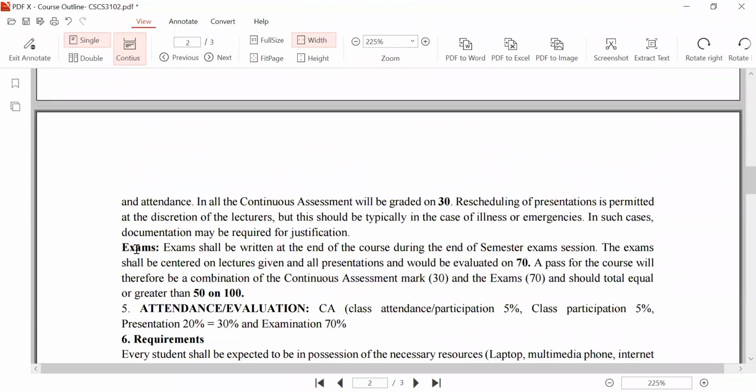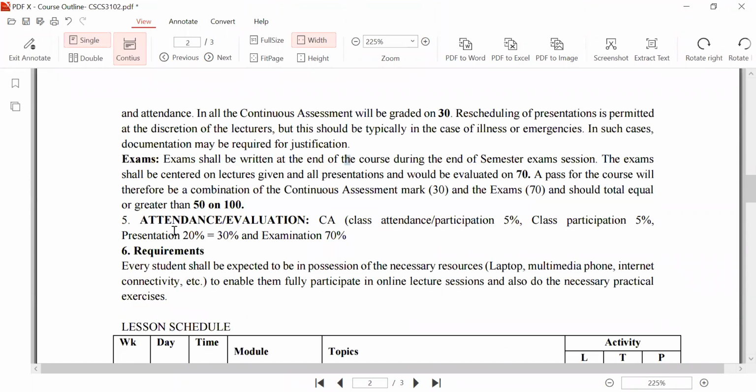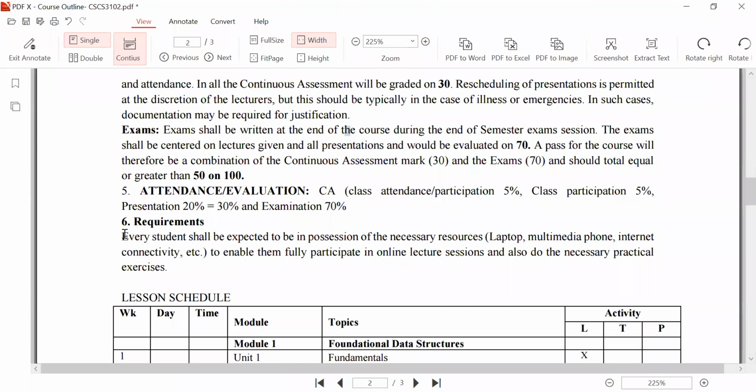Okay. So we have talked about the exams, the evaluation. We have talked about the attendance, which is compulsory. We have talked about the requirements. Requirements will be that you will need to be in possession of resources that will permit you to participate in the lectures and also do the necessary practicals.